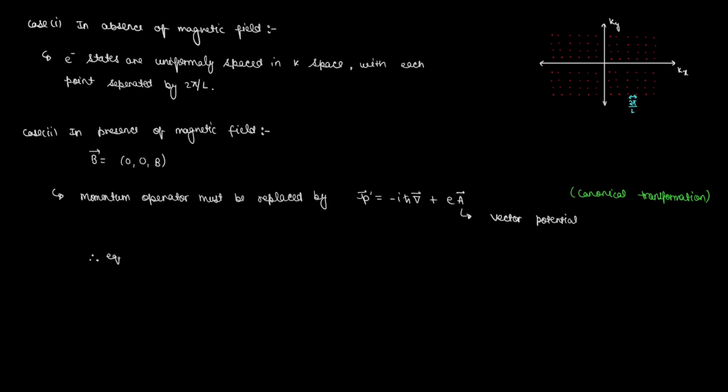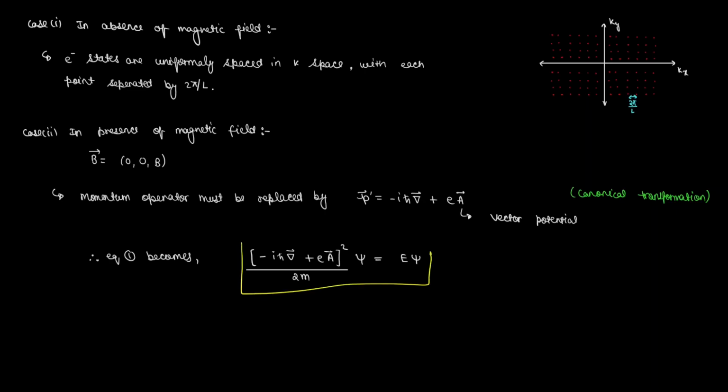So therefore, the Schrödinger wave equation will now become, now this Schrödinger wave equation is difficult to solve, and it can be solved by assuming certain symmetry only.